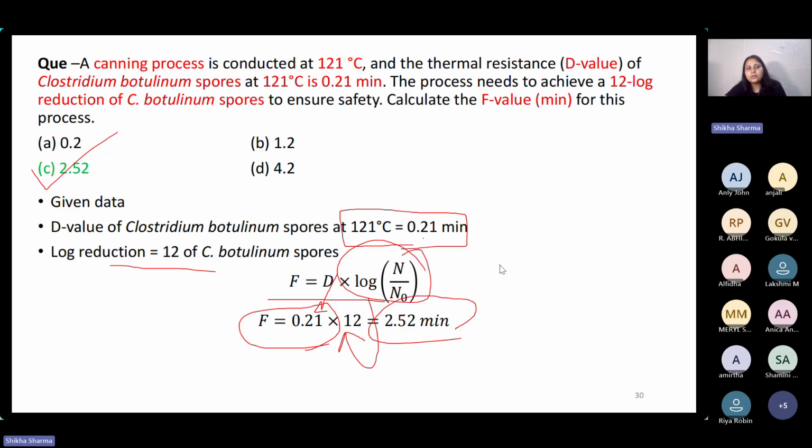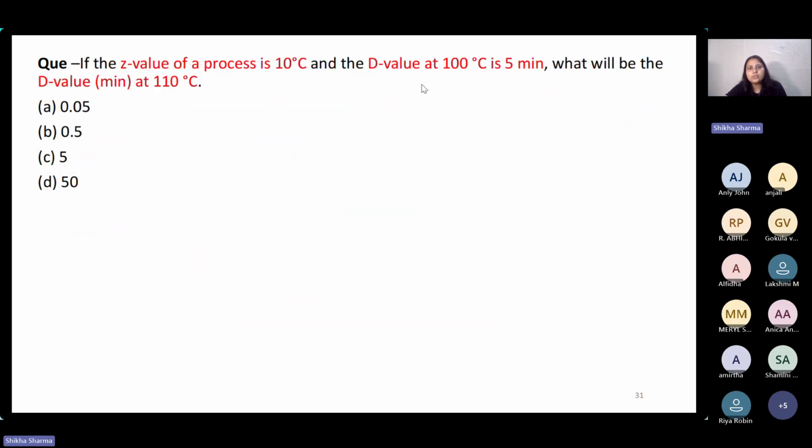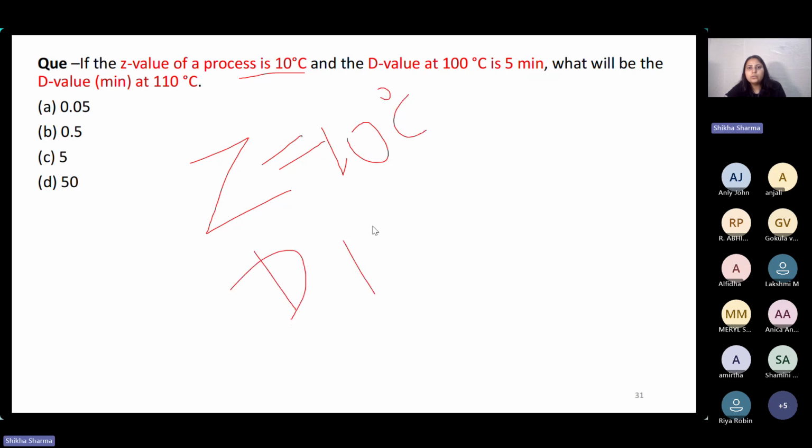Okay, is the question clear to everyone? Now let's solve the next question. The Z value of the process is given as 10 degrees Celsius, and the D value at 100 degrees Celsius is given as 5 minutes.